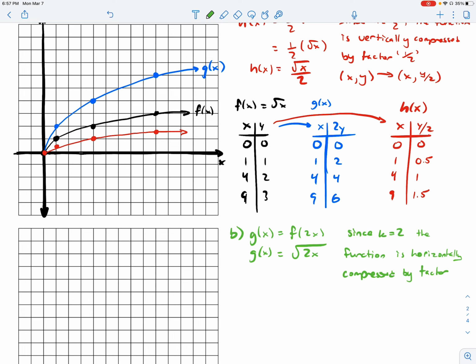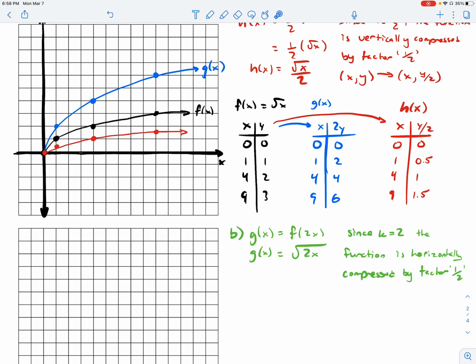And according to the definition, we're supposed to do 1 over k. So my k is 2, so I'm going to have 1 over 2. That's my scale factor. And remember, if you're multiplying by something small, like a half, it's going to get smaller, it's going to get compressed. So that's the proper kind of lingo that you need to have. If you're using the word compressed, your factor better be less than 1.